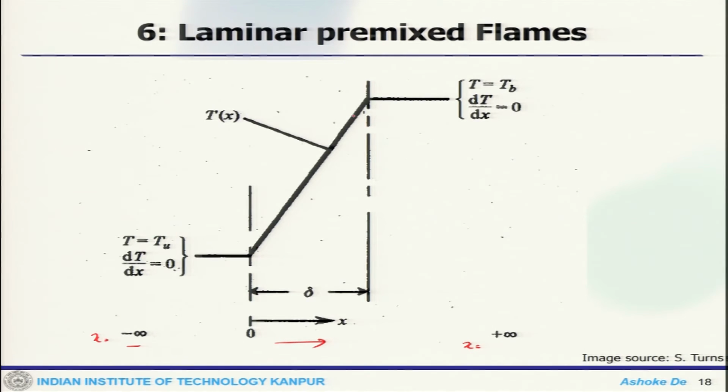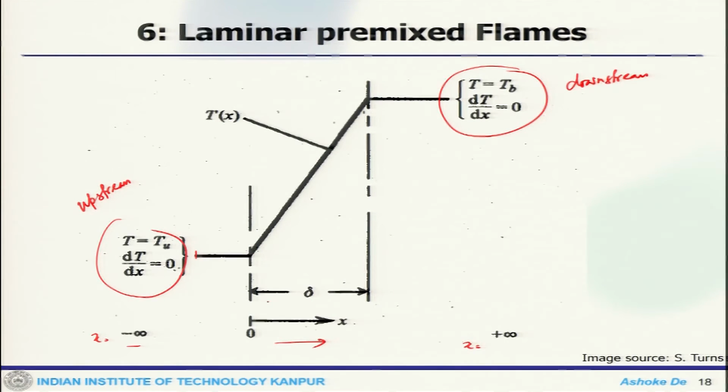The one presented here is a linear profile. This is the upstream boundary condition, this is the downstream boundary condition, and this is the delta.